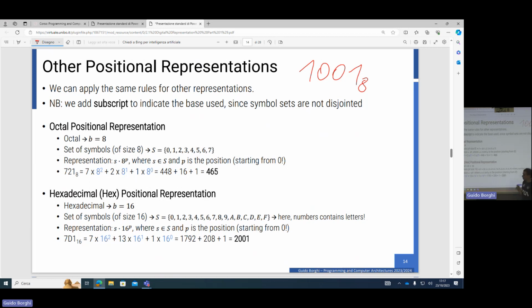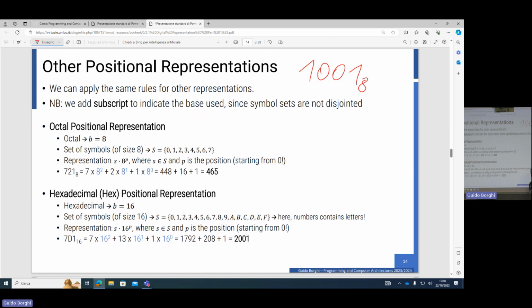Here we have a problem. We have 16 different symbols, but Arab numbers are only 10. So the first 10 symbols are represented by the Arab numbers 0, 1, 2, 3, 4, 5 and so on. But we have other 6 positions to cover.